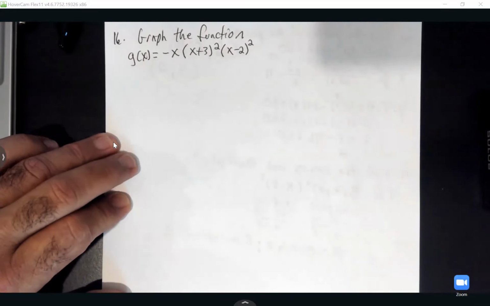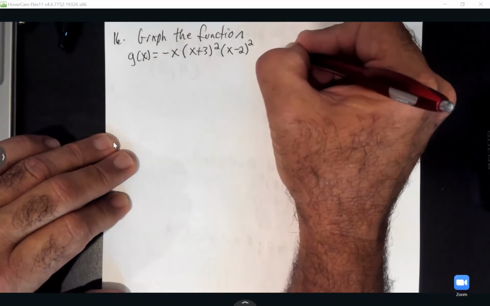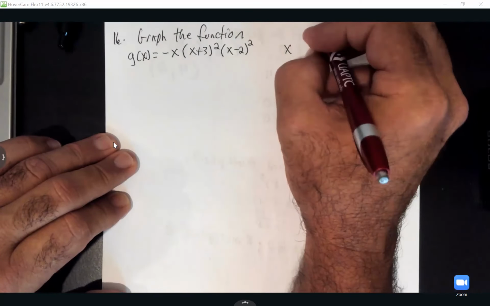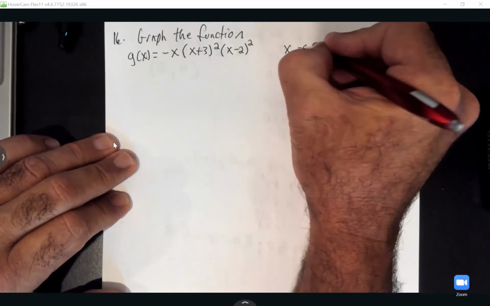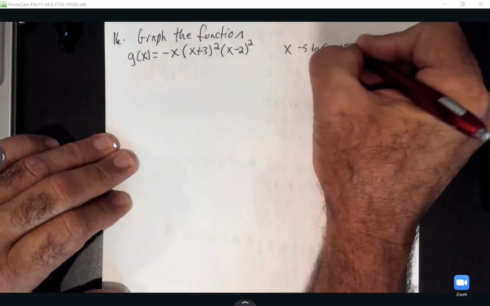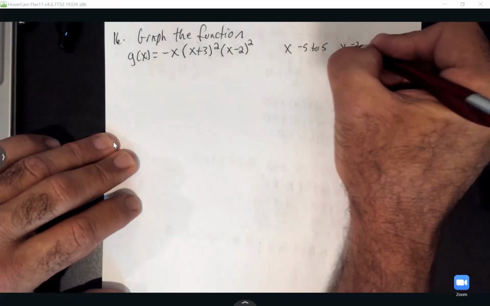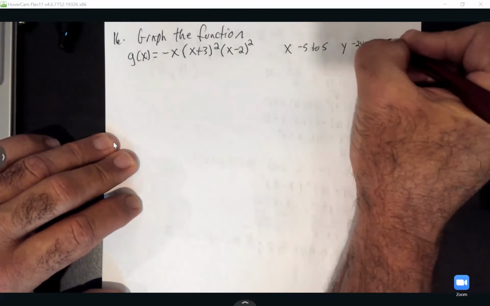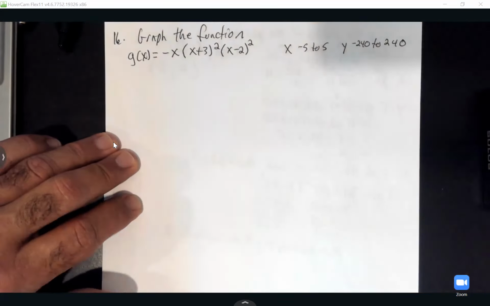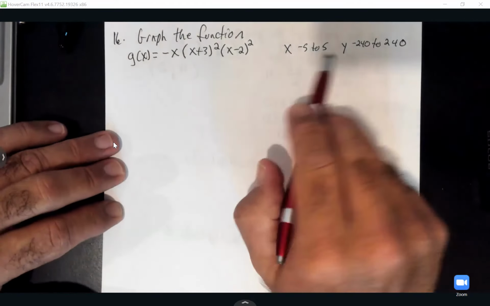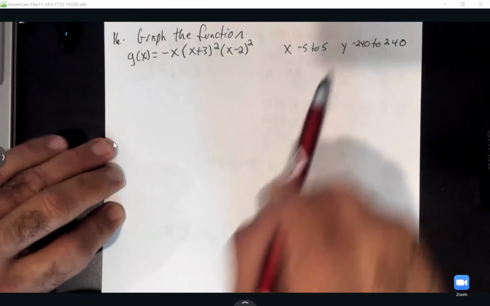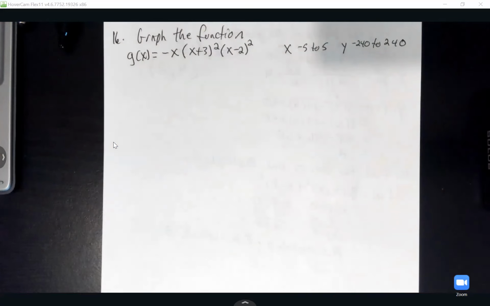Now, I will say this, when I look at the graphs, my x's are going from -5 to 5. My y are going from -240 to a positive 240. So I'm going to graph it using the window like they did so that I can catch this whole graph on here, okay? So let me go to my calculator.